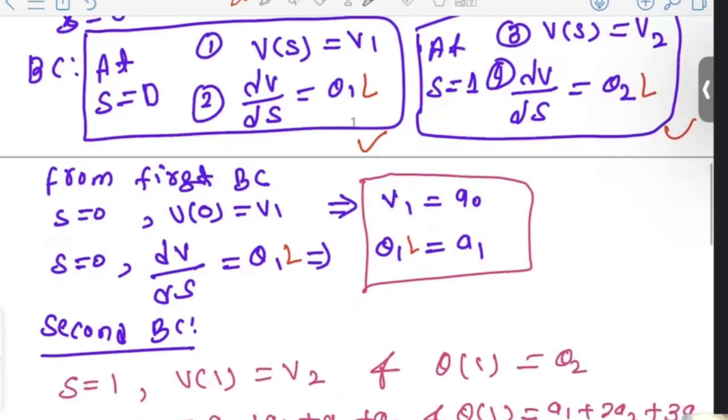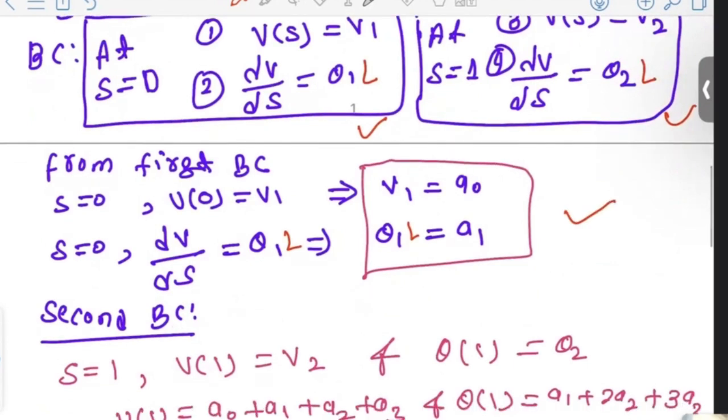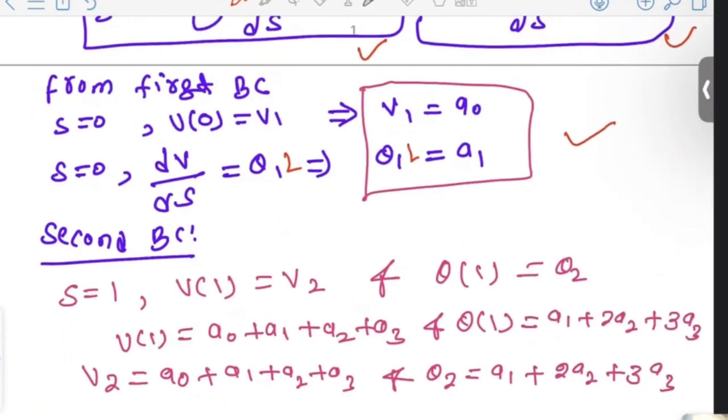At x equal to 1, b equal to b1. So this is also okay, and this boundary condition, theta 2 equal to A1 plus 2A2.